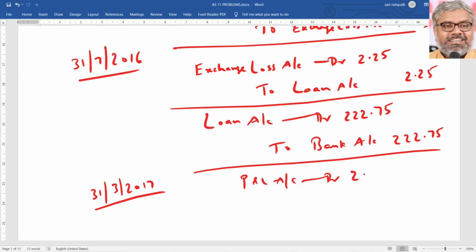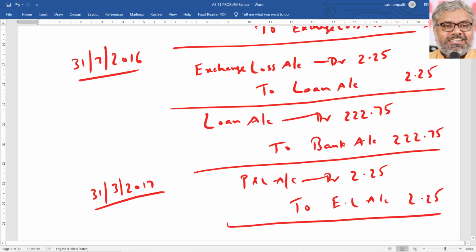How much was the exchange loss? 2.25 lakhs to exchange loss account, 2.25 lakhs. That will be the closure of exchange loss account or exchange difference account, which has been transferred to or debited to P&L account. You can do this on 31st July itself, nothing wrong in that, but again, to be technically correct, usually the closing entries of P&L and all will be done at the end of the year.